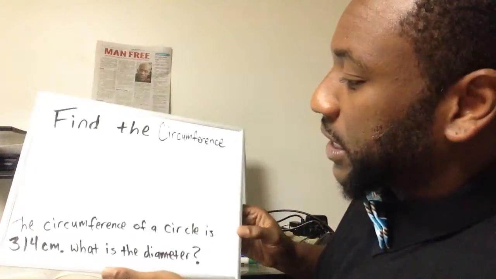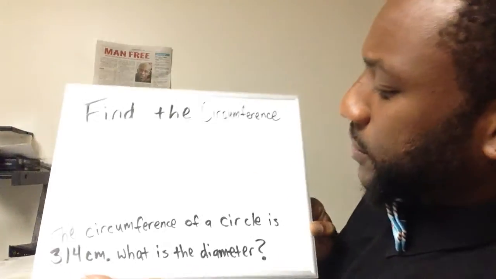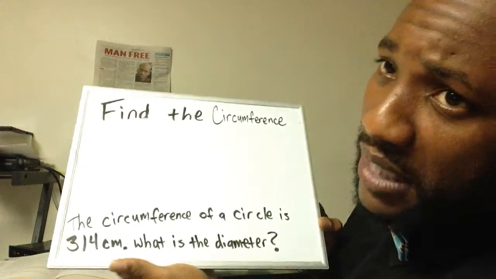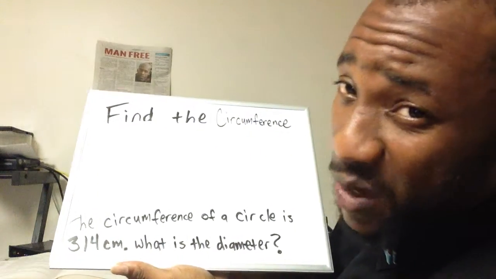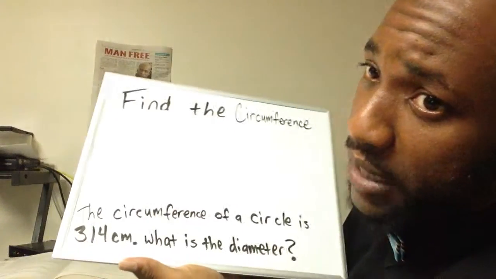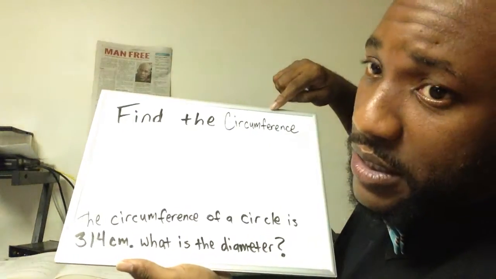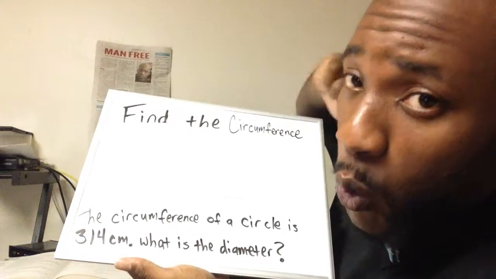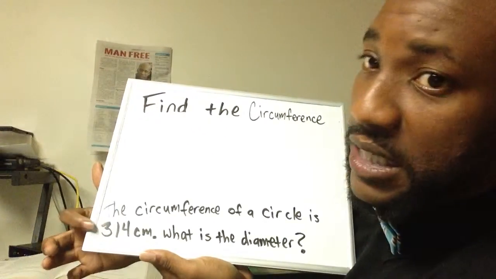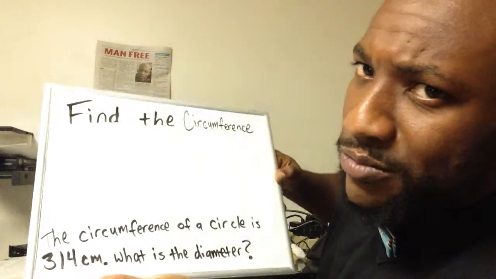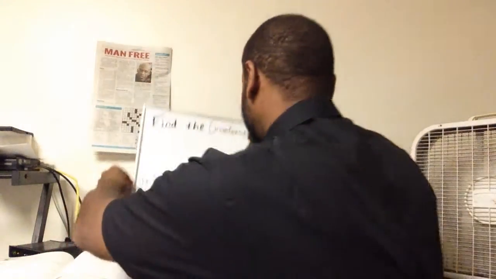And now this says the circumference of a circle is 314 centimeters. What is the diameter? So this is actually going backwards from what we've been doing prior to right now. Before now, we've been trying to find the circumference. Here, they already told us the circumference is this number here, and we want to find the diameter. Still easy, piece of cake.